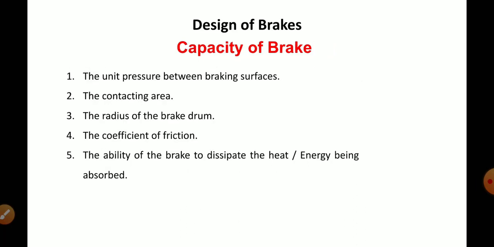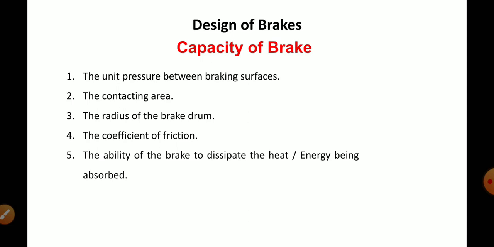The capacity of the brake depends on these five points. First, the unit pressure between the braking surfaces. The capacity of the brake depends upon the unit pressure between the braking surfaces. Then the contacting area of the braking surfaces, and the radius of the brake drum. The capacity of the brake also depends on the radius of the brake drum.